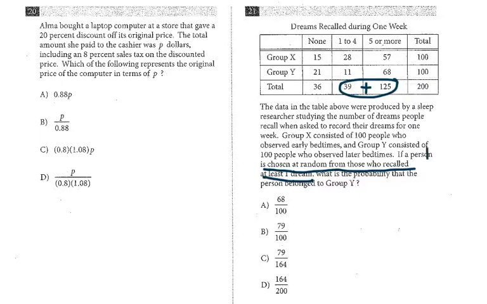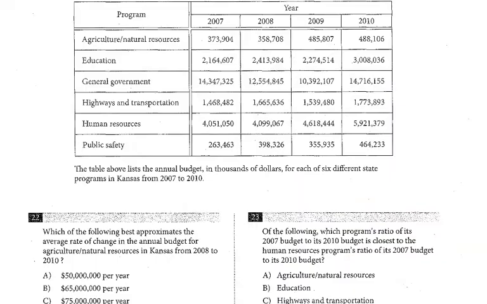That will be 164. Then how many people belong to group Y? That is 11 plus 68. That will be 79. Therefore, the probability will be 79 over 164. That's answer C.